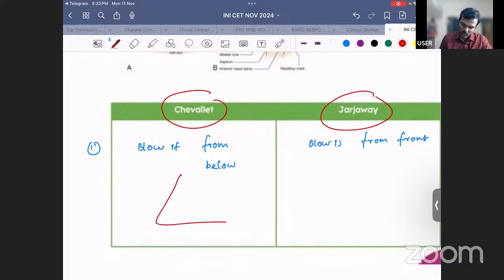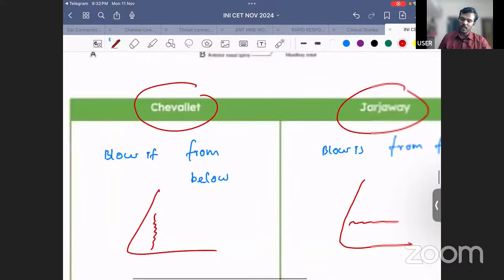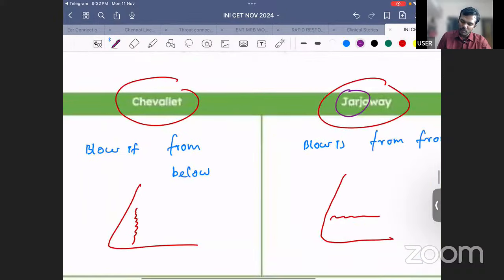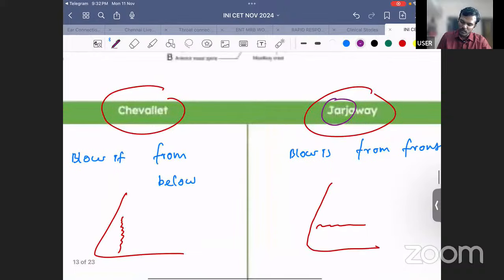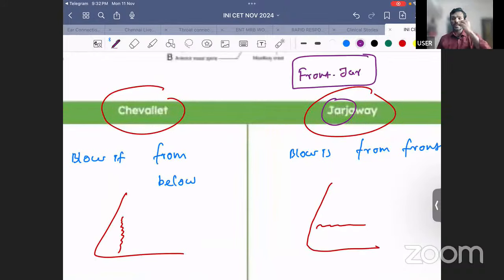Here the fracture will be vertical, and here the fracture line will be horizontal. So remember with a mnemonic: front, there will be a horizontal fracture line; if it's from below, there will be a vertical fracture line.